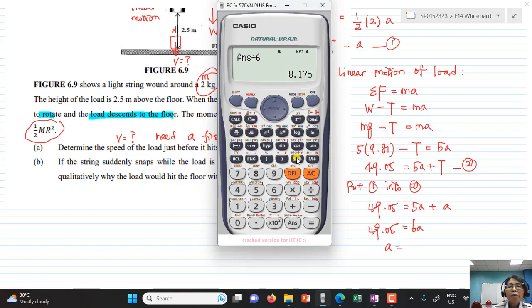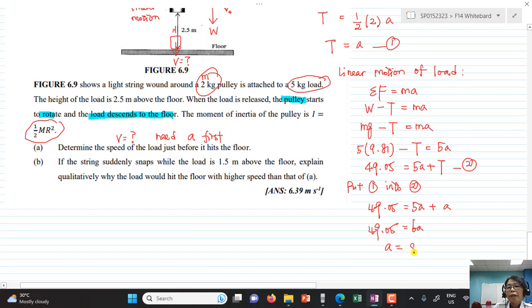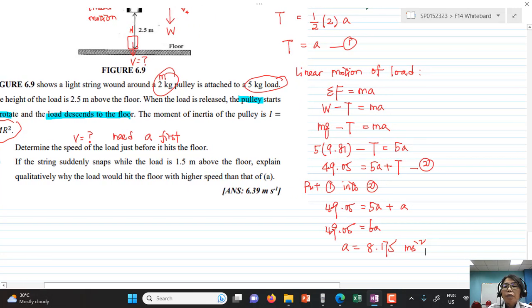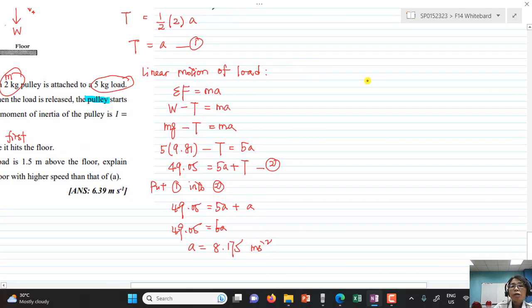So I get my acceleration for the load is 8.175 meter per second squared. Okay, so the load is performing linear motion.